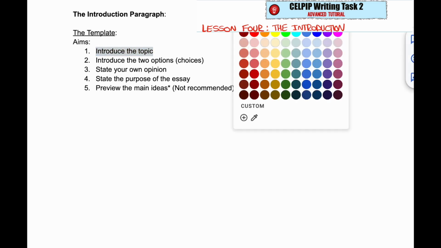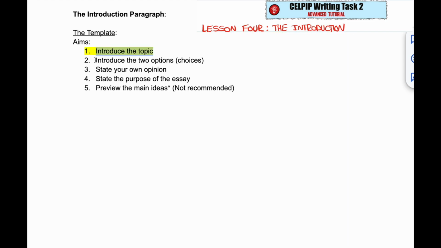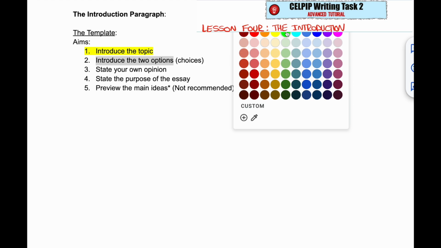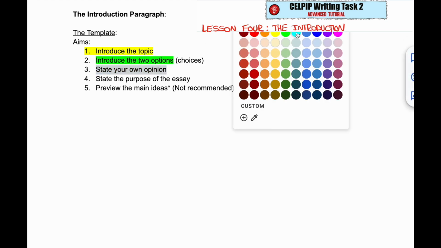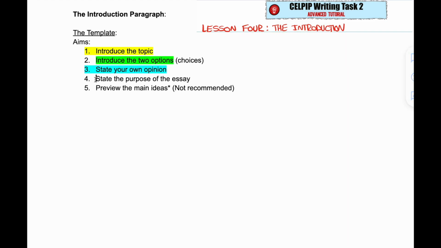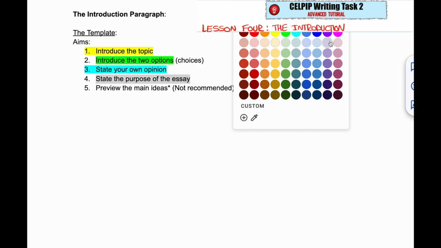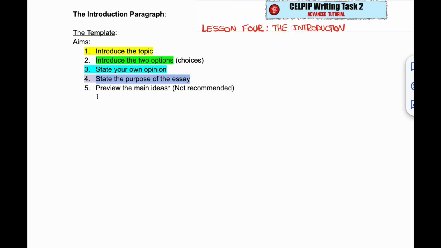I don't recommend it because it sometimes makes the introduction way too long, even longer than the body paragraphs, and that just messes up the proportions and everything. And it's only 150 to 200 words long, so it doesn't make a lot of sense to preview, state, and then review the ideas. So I personally opt out of this one, and I suggest my students do the same.